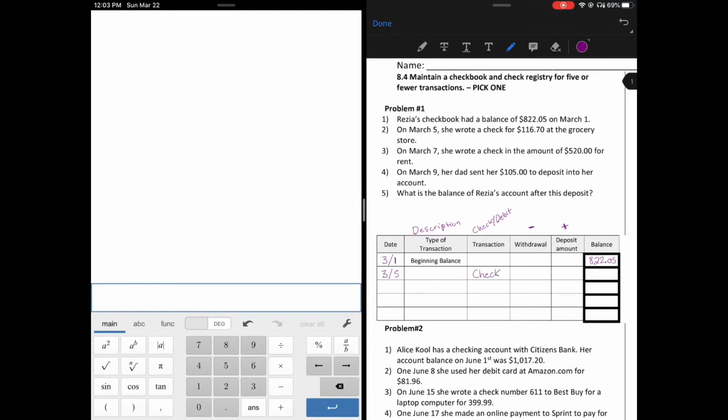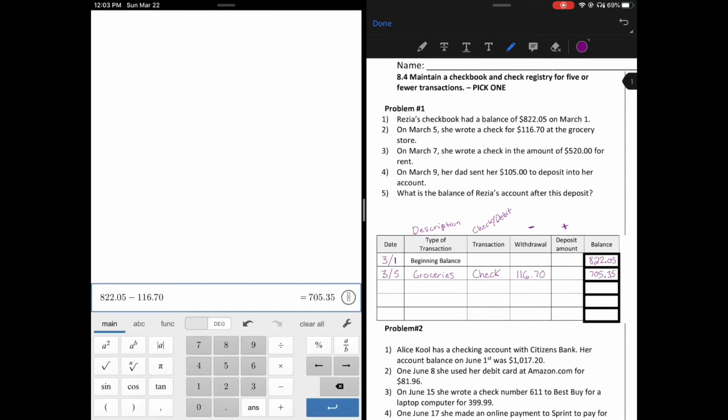If she writes the check, she's losing money, so it's a withdrawal, and 70 cents at the grocery store. So she spent it on groceries. And then to find our new balance, we take our previous balance, the $822.05, and we subtract what we just spent. And we get $705.35 as our new balance. And then we move on to the next part.